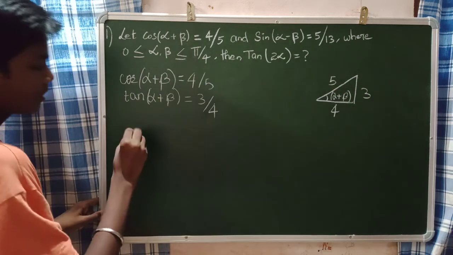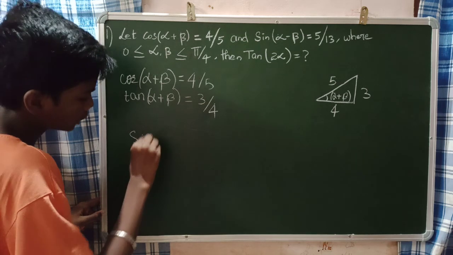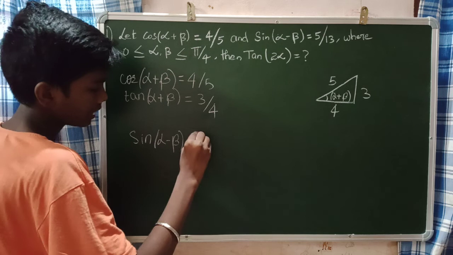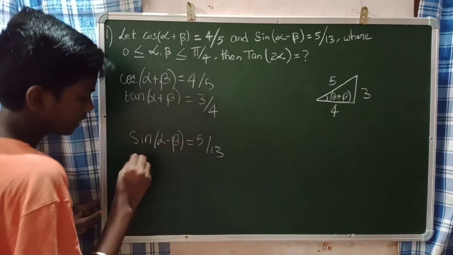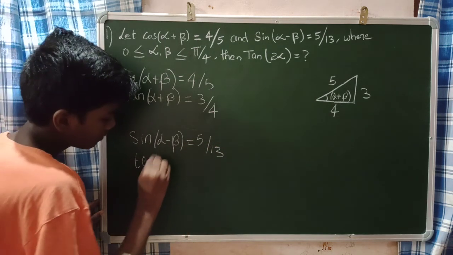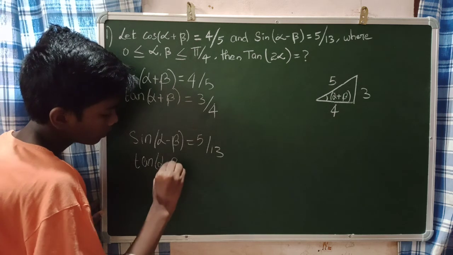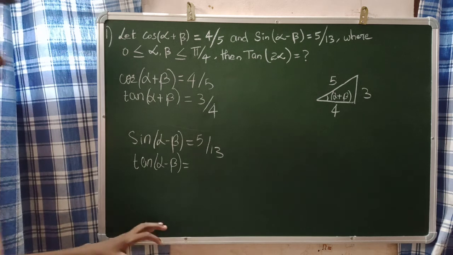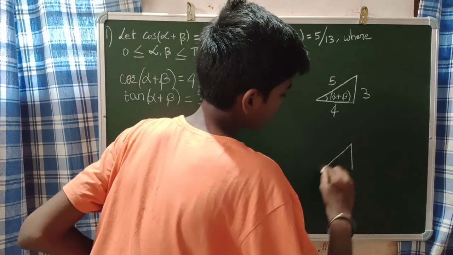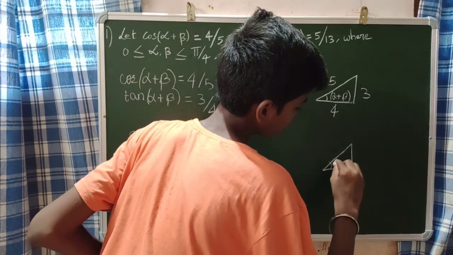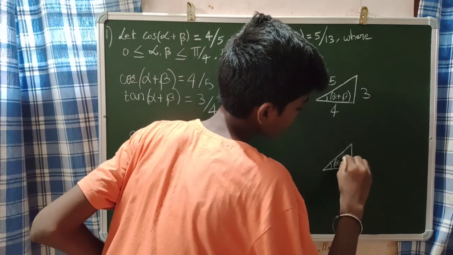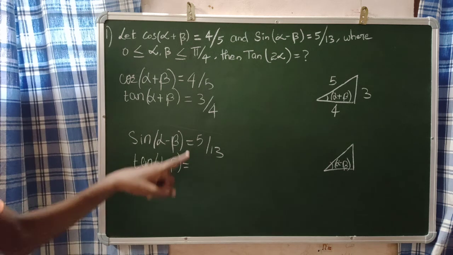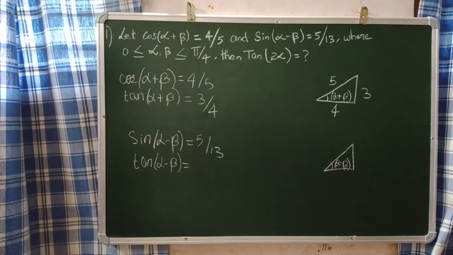Same here, when I need to convert sin(alpha - beta) is equal to 5/13 into tan(alpha - beta), what will I do now? You tell me. Here also the same triangle method. Your angle will be alpha - beta, because I am having sin(alpha - beta) as 5/13.